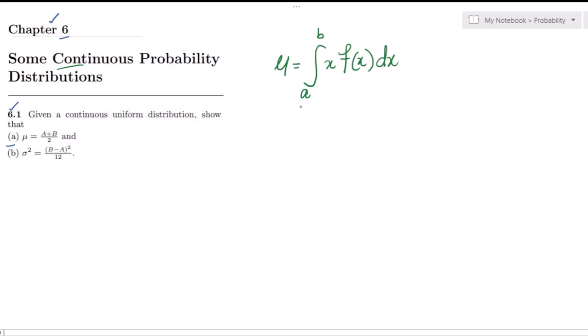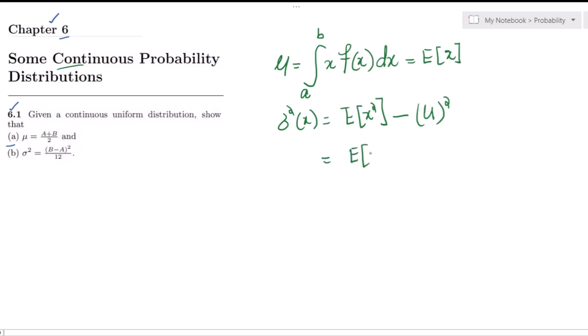And for sigma square of x, this is E of x square minus mu whole square. This mu is also E of x, so this can also be written as E of x square minus E of x whole square.